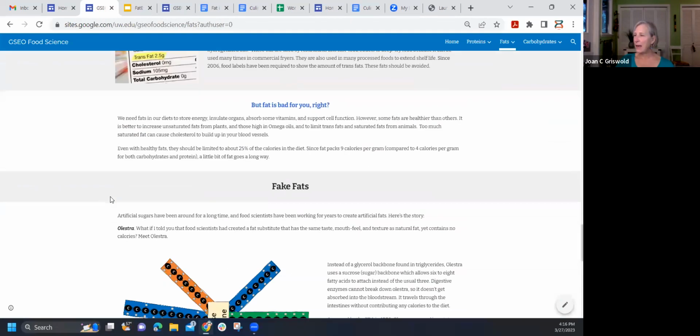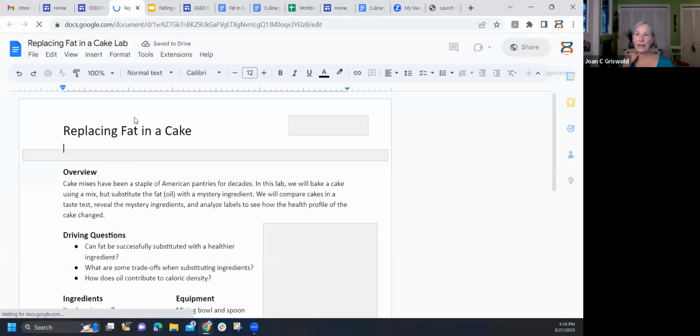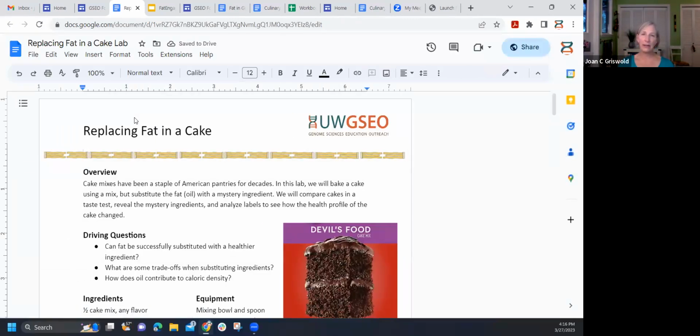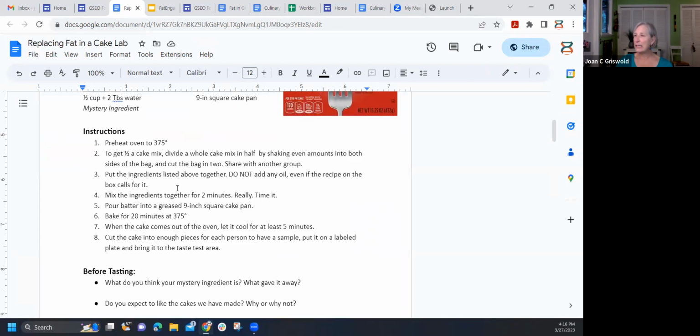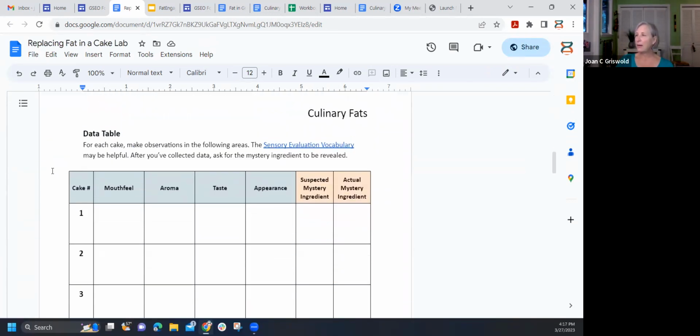The second lab is a fat substitution lab, which is pretty common, I think, in culinary classes, where students get a cake mix, and some use pure oil, some use applesauce. They get a secret ingredient and replace much of the fat in there, and then they do a taste test and see if they can figure out what the secret ingredient is, and then rate it on a sensory evaluation worksheet.